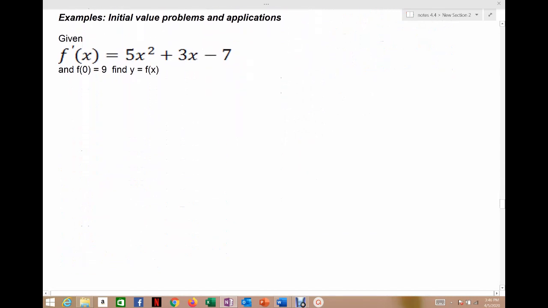So the first couple examples are just straightforward generic examples, and then we'll get into a few applications. An example would be, suppose this is my derivative. My rate of change function is 5x squared plus 3x minus 7. We want to find the function that has this derivative, and they give us an initial value: when I plug 0 in, I should get 9 out.